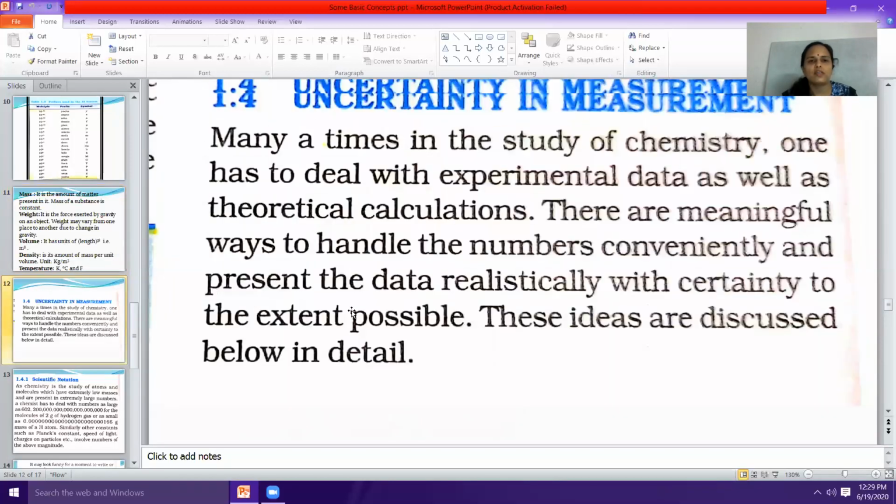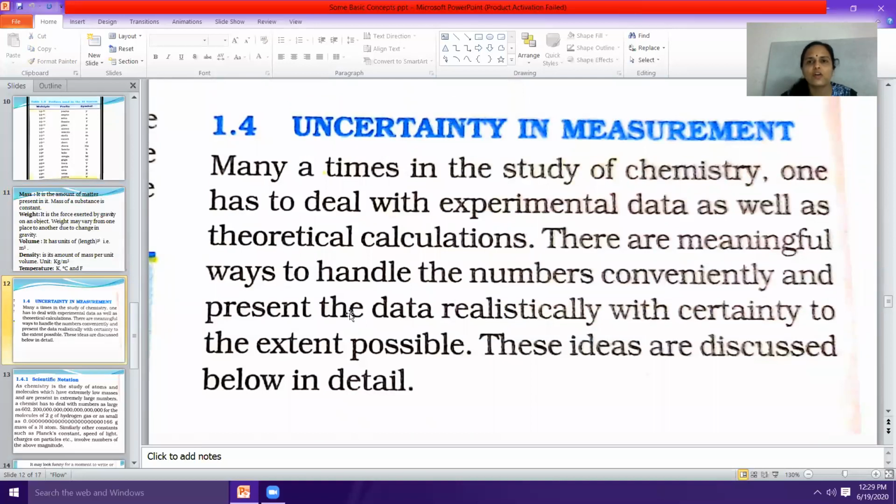Let us come to the next part of this chapter topic, and it is uncertainty in measurement. Very important, you should understand the concept here, uncertainty in measurement.